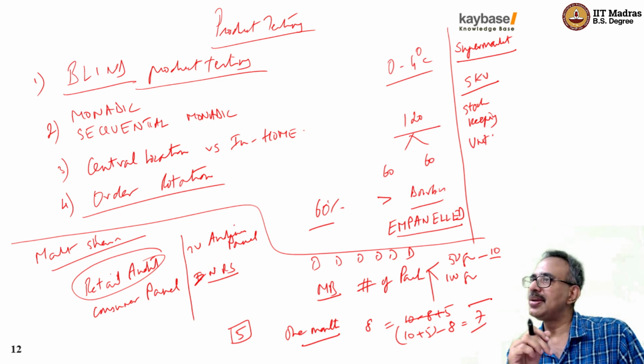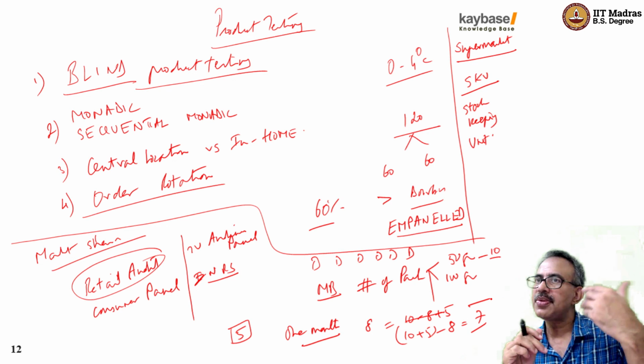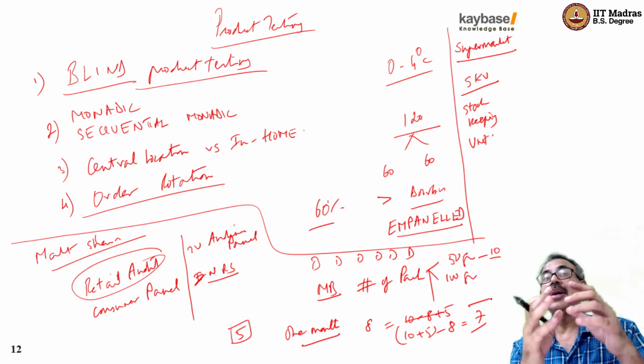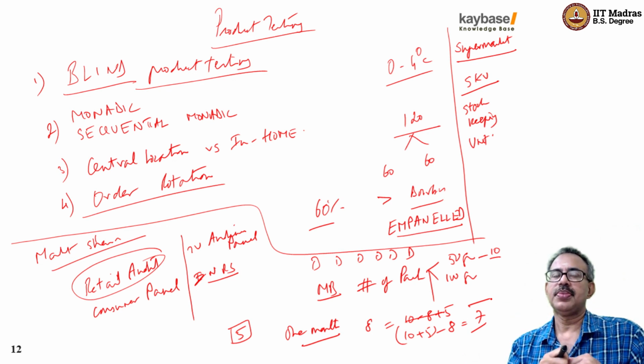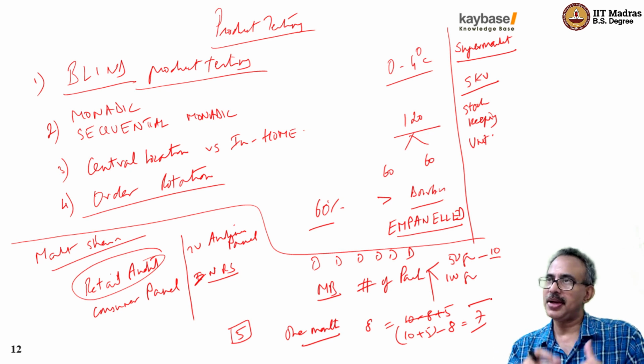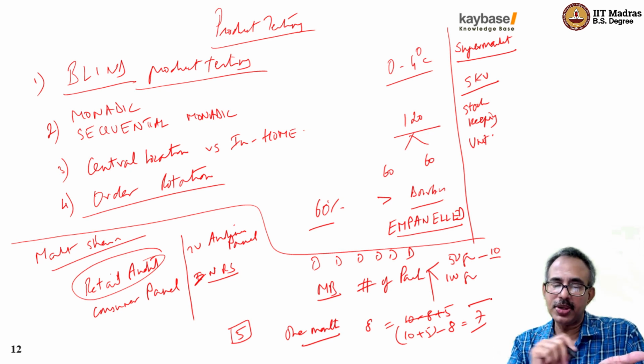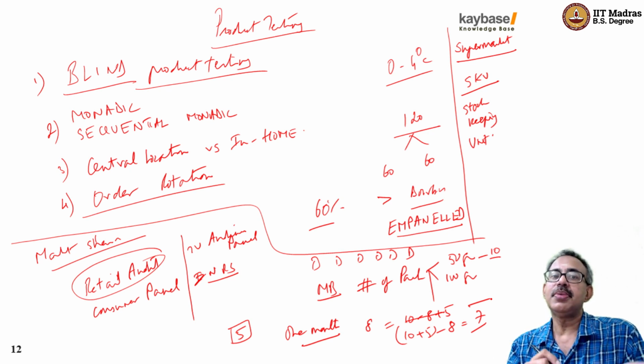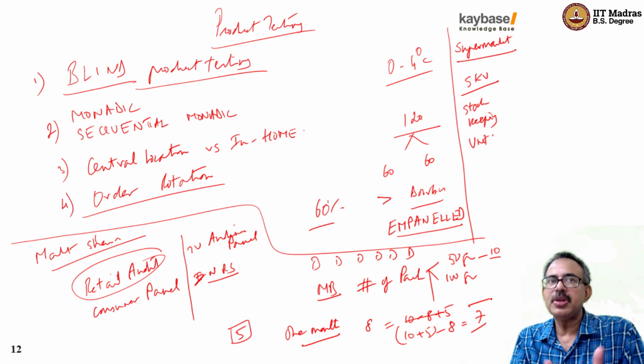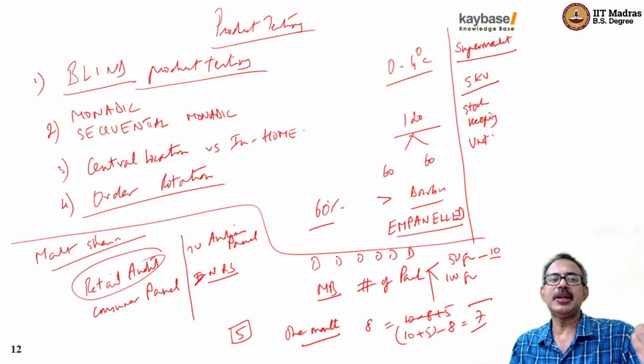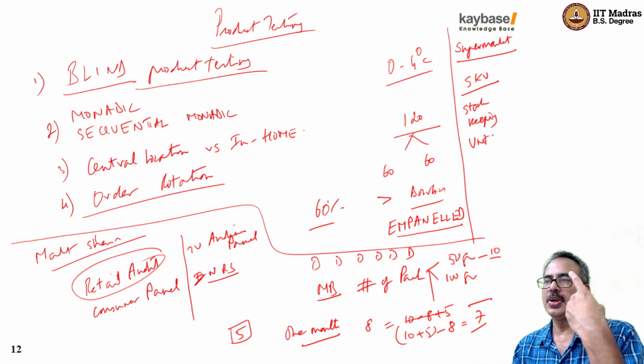Consumer panel gives you the same thing, but it gives it from consumers. Here you have a panel of consumers. And these consumers are empaneled. They will write down whatever they buy. They are given a diary for that purpose. Whatever they buy, they will write down. Again, there's a sample. From the sample, they project the population. So this particular lady bought 1 shampoo pack of this brand.